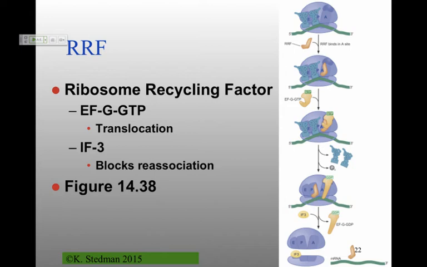With translocation, the EFG binding pushes along the large subunit, and then hydrolysis moves the small subunit? The question is, what part of EFG is moving which parts of the subunits. We always draw it here as if binding sort of moves the small and then hydrolysis moves the large.